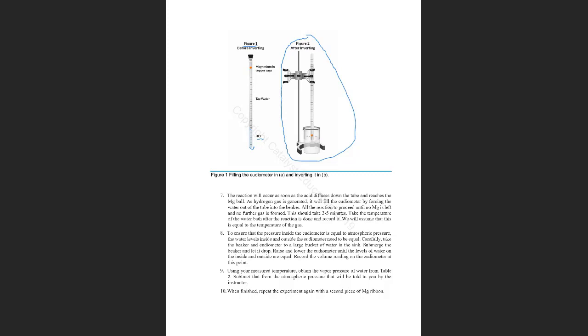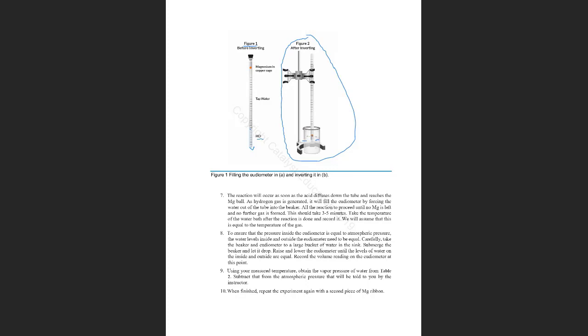When the reaction starts to form hydrogen gas, the hydrogen will displace the water in the eudiometer. And some vapor is also produced. And the water level here in the beaker increases as the reaction goes on.